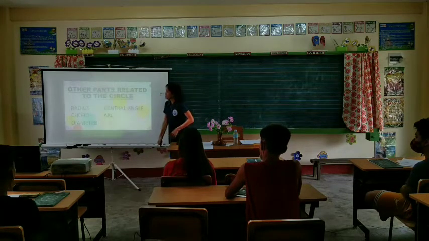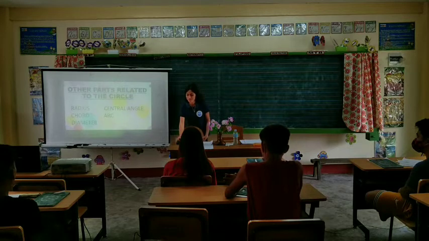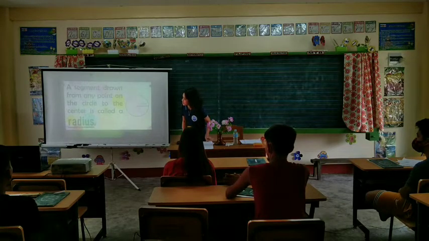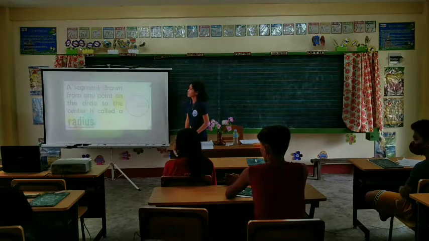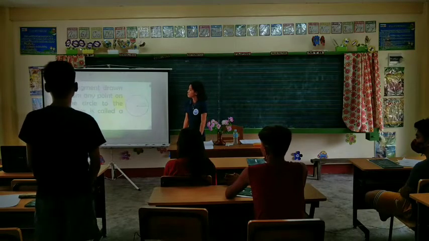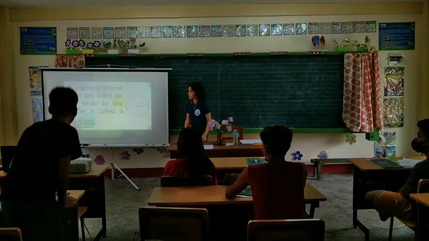So we have radius, chord, diameter, central angle, and arc. So we have radius. So anyone who can read this? Okay, Siron, please read the meaning of a radius. A segment drawn from any point on the circle to the center is called a radius.